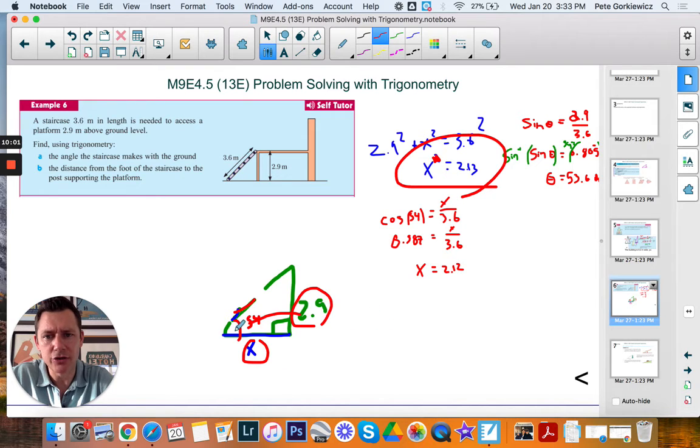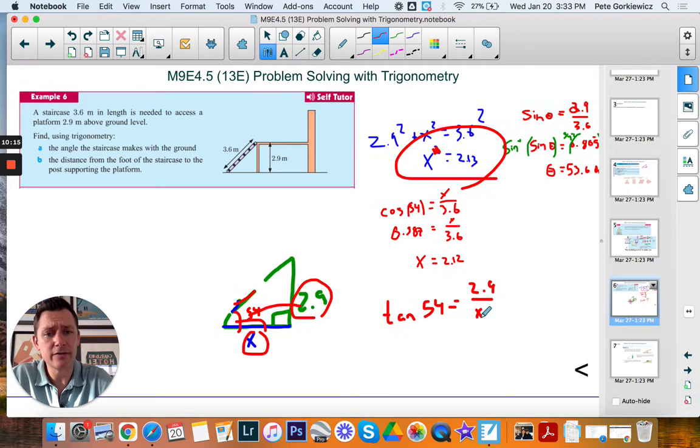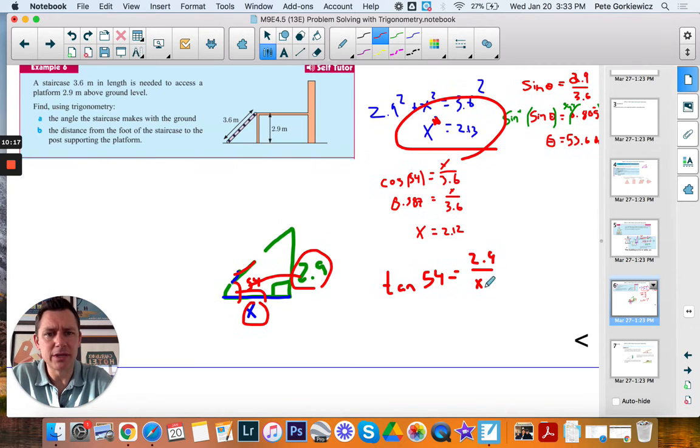tangent is opposite over adjacent. So you could say tangent of 54 is really the opposite, 2.9, over the adjacent x. This one is worth trying to solve on your own because the denominator is the x. It's a little bit fussier, so you'd have to multiply the x to both sides.